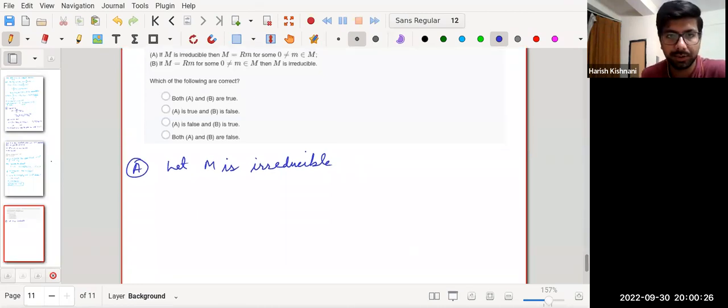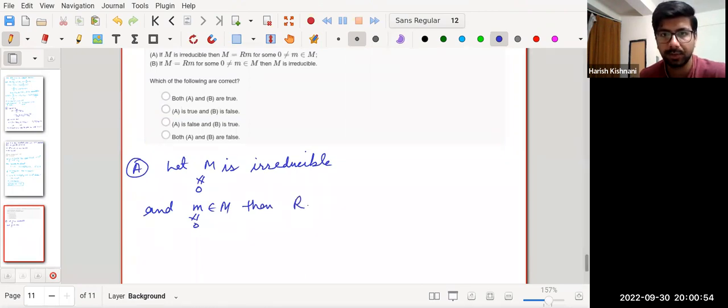Definitely, as we are assuming it to be irreducible, it has to be non-zero, and you pick any non-zero element m0 belonging to M. Then the module Rm, that is, rm such that r belongs to R, is definitely a submodule of M.